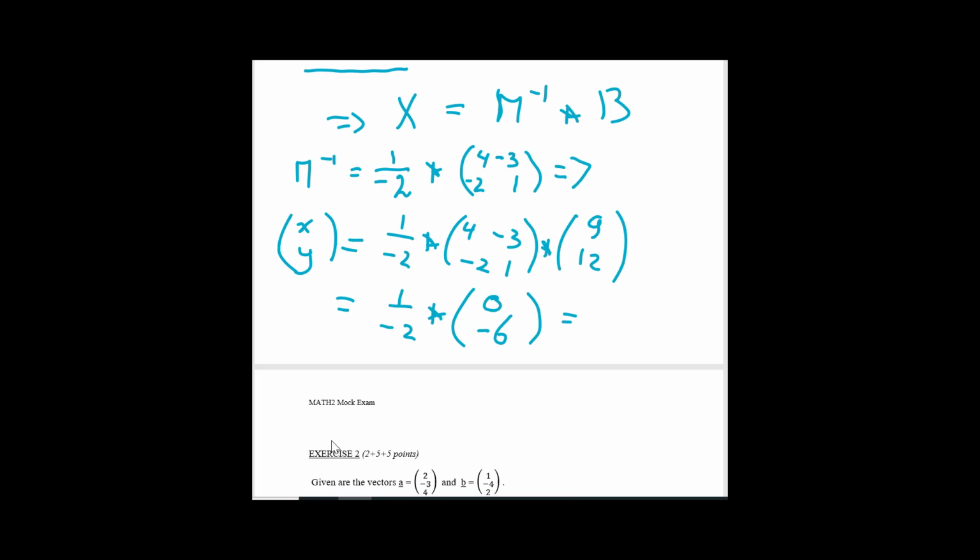So in total that would give us 0, 3. Okay, so the conclusion would be, the intersection point is 0, 3. And that's exactly the same point we found in the previous elimination method. And so this is perfect.